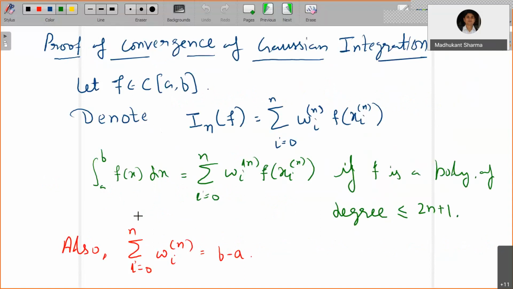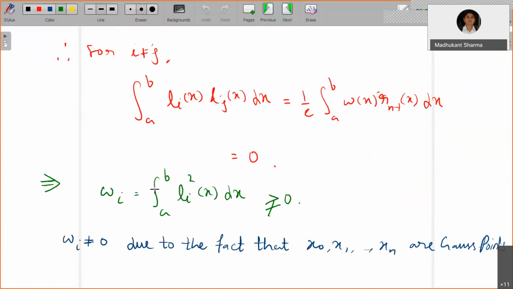Right. Now we are coming to the proof of the convergence of Gaussian integration finally. Note that wi will change if you increase the number of points n. wi will be changing when you change the number of Gauss points, so it implicitly depends on n. So in the further results we are going to write the dependence of wi on n explicitly.